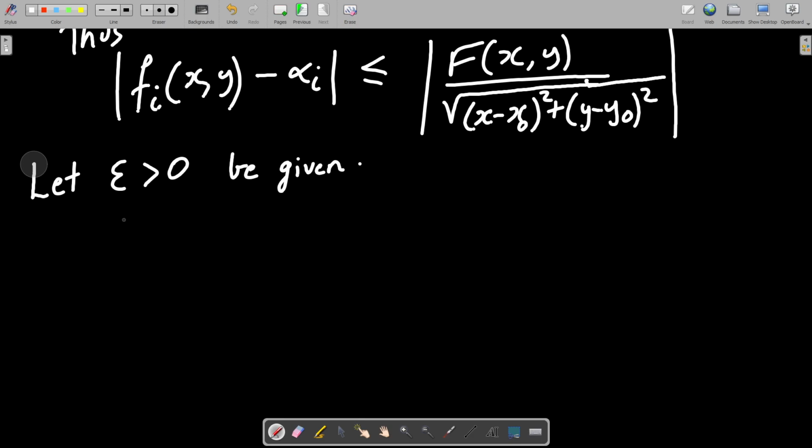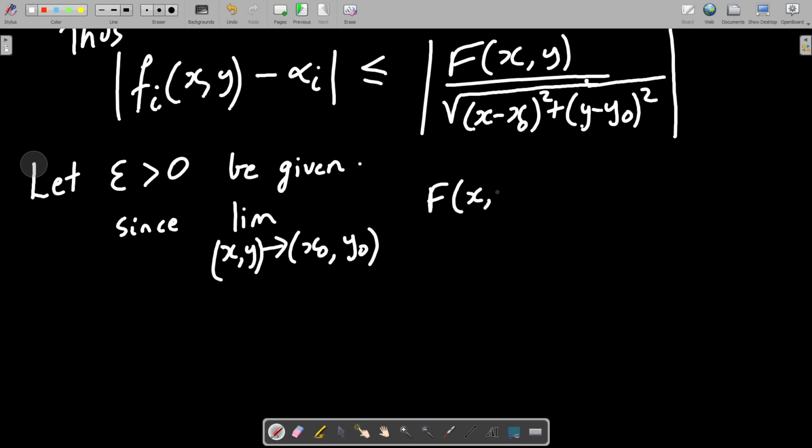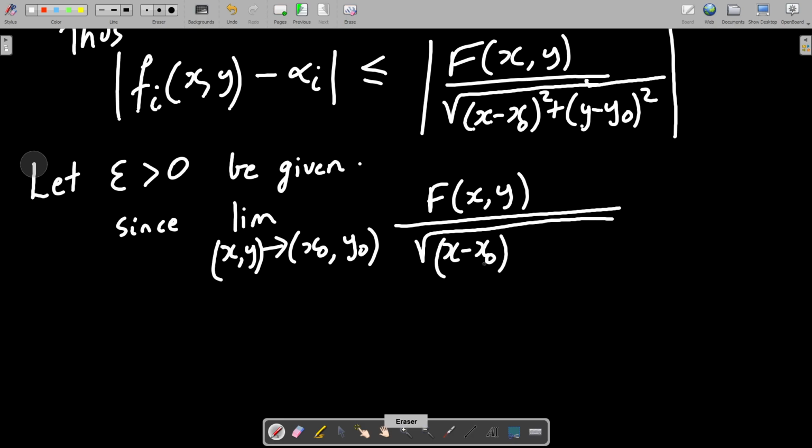Since this limit as (x, y) tends to (x naught, y naught) of f of x tends to 0, even the modulus will tend to 0.